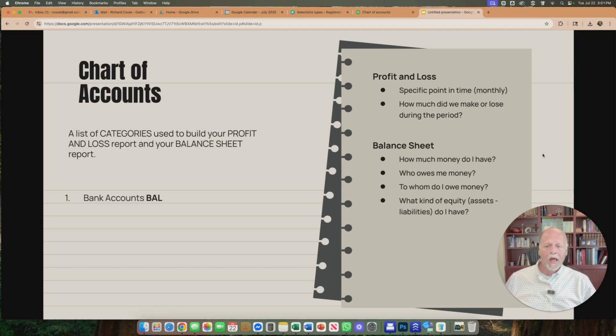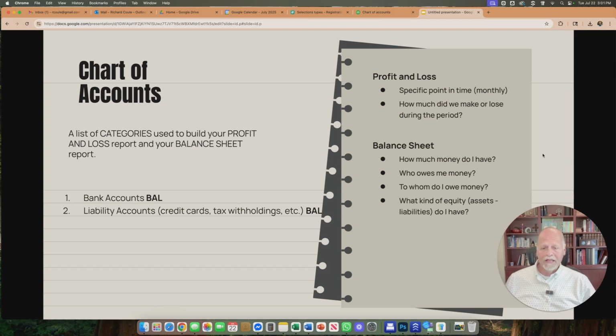First of all, bank accounts are listed in your chart of accounts. If you have a checking account with XYZ Bank, then you'll have a chart of account called probably XYZ Bank checking account. Second of all, you have your liability accounts. Liabilities are any money that you owe.